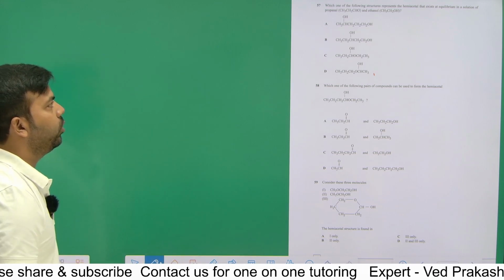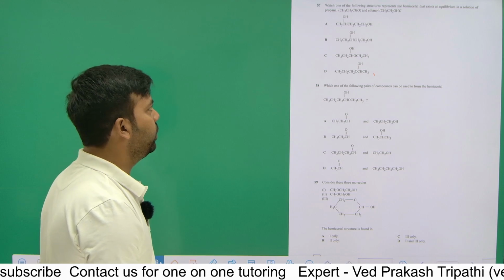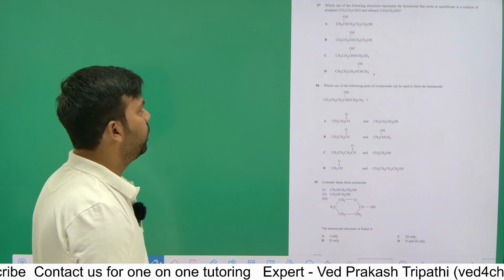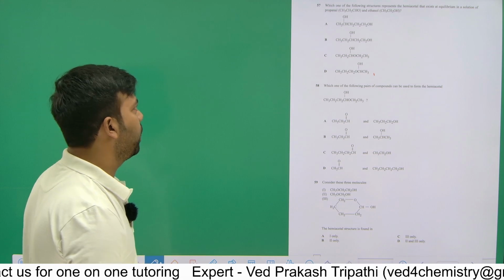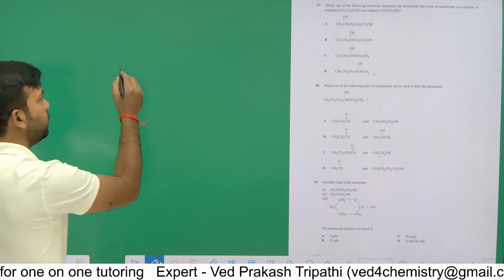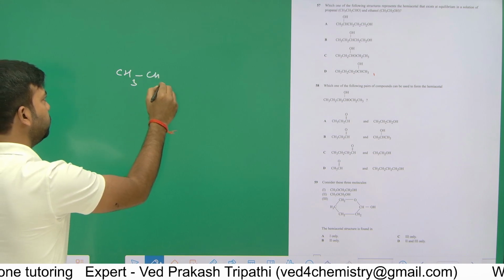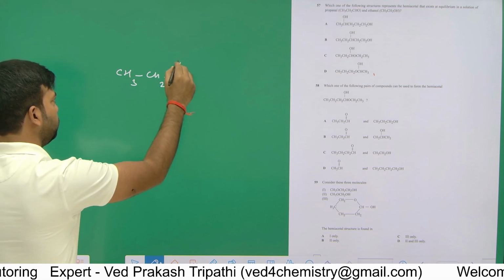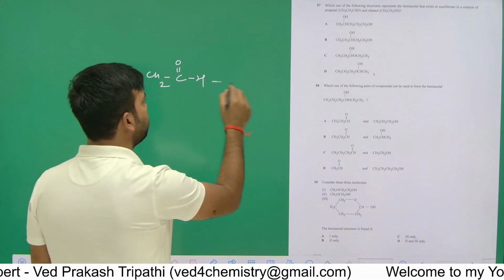Which one of the following structures represents the hemiacetal that exists at equilibrium in a solution of propanal, CH3CH2CHO, and ethanol? So this is the CH3CH2CHO, and this is the alcohol, CH3CH2OH.